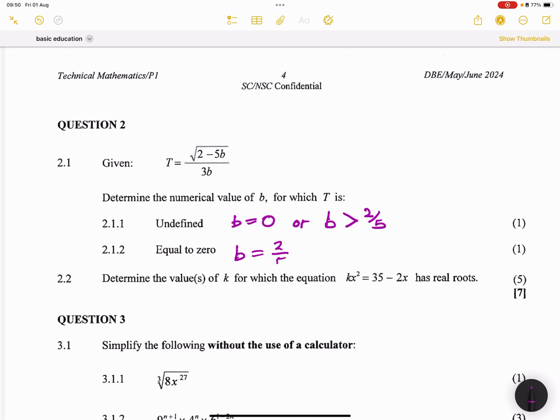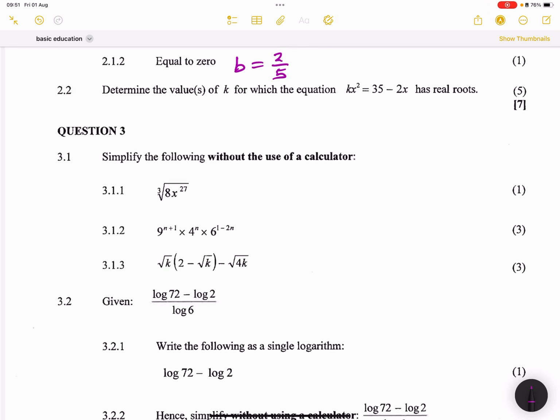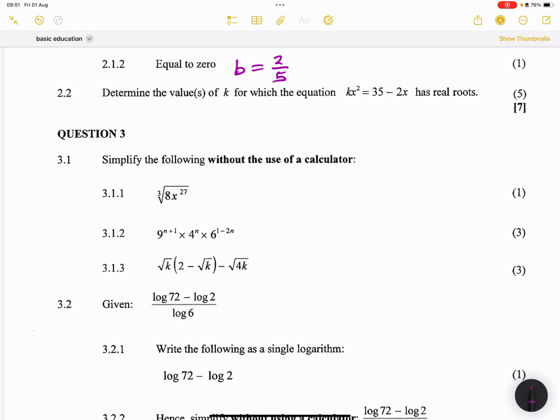Now, the last portion of question 2, they say determine the values of k for which the equation kx squared is equal to 35 minus 2x has real roots. So what we need to do, ladies and gents, is take this expression and write it as a quadratic expression.